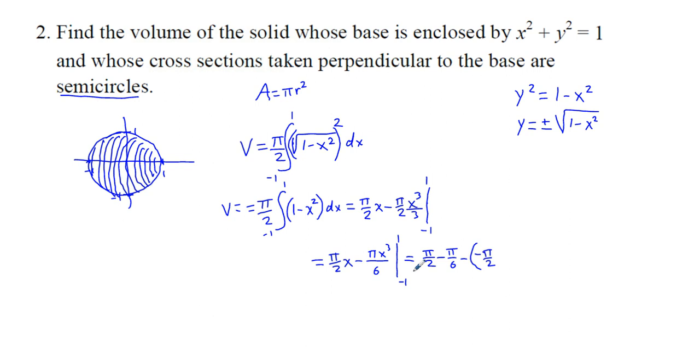And then we'll plug in -1, we're going to get negative pi over 6, and we subtract out that subtraction sign, right?